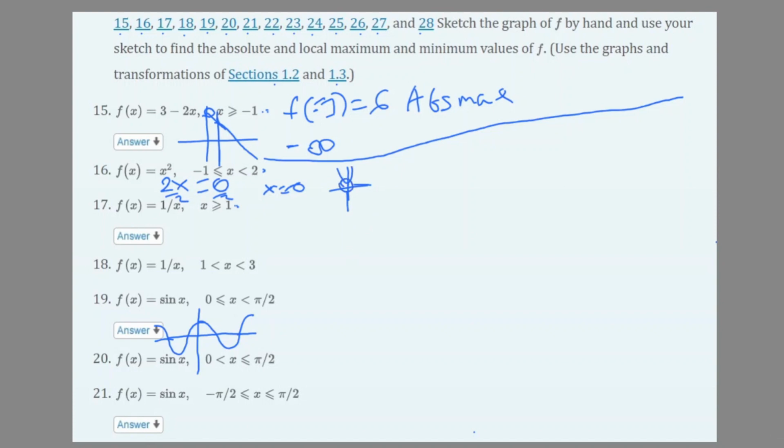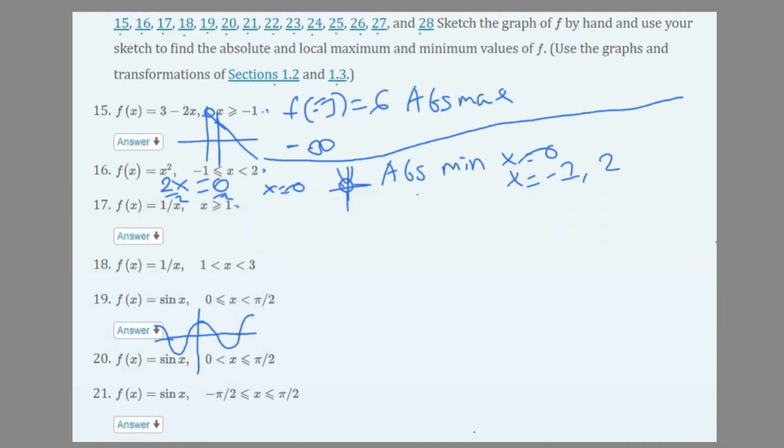So you could just conclude that the graph has an absolute minimum at x equals 0, or f(0), and the absolute maximum would be at x equals -1 and 2, since those are the edges of the interval.